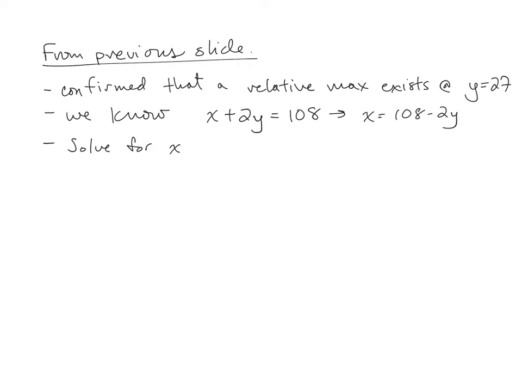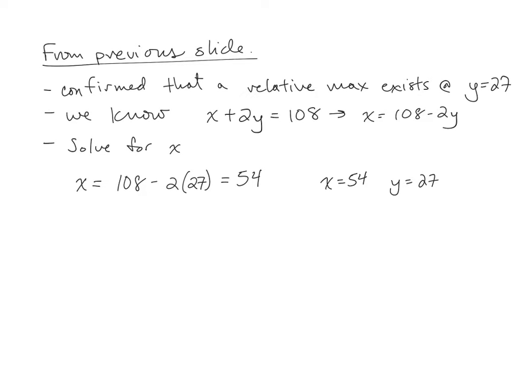So with that being said, we know x equals 108 minus 2 times 27, which is equal to 54. So we know now that x equals 54 and y equals 27.